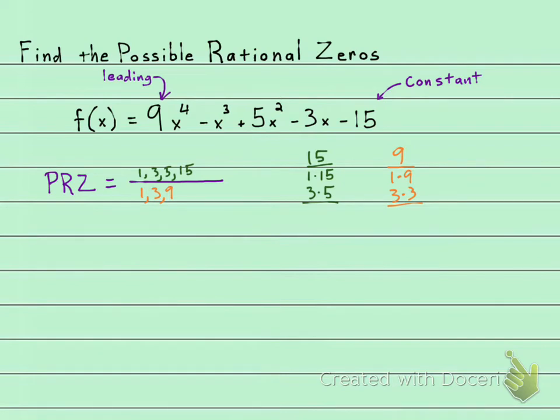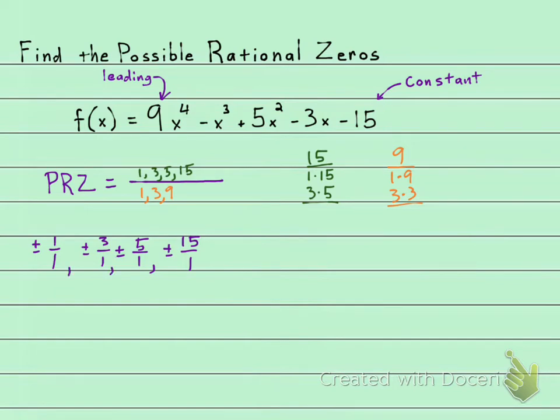So let's start making that list, positive and negatives. Plus or minus 1 over 1, plus or minus 3 over 1, plus or minus 5 over 1, plus or minus 15 over 1. To be a little systematic here, I did everything over 1.